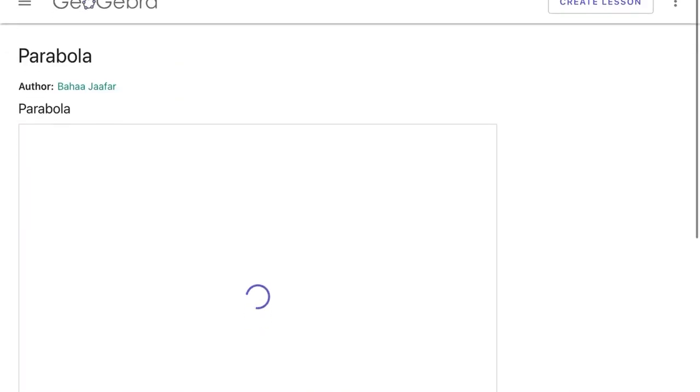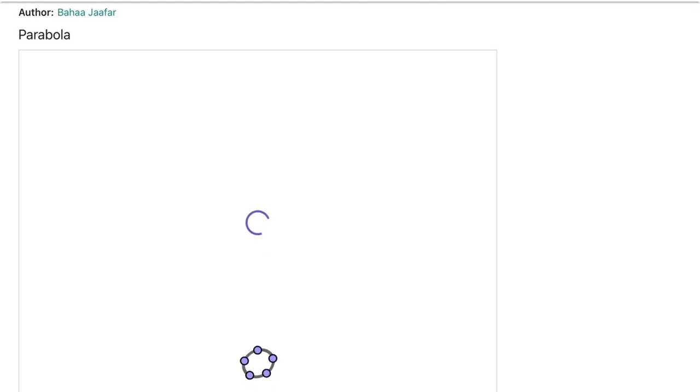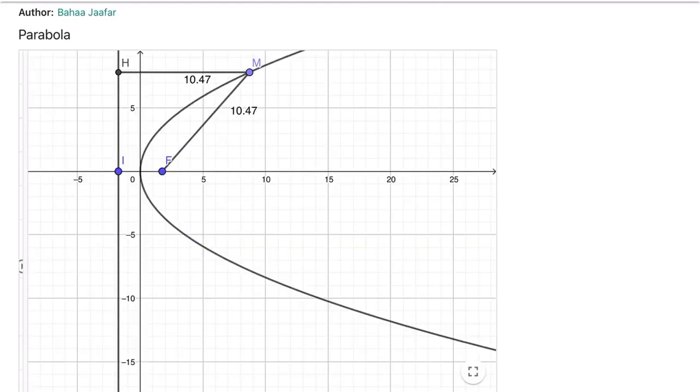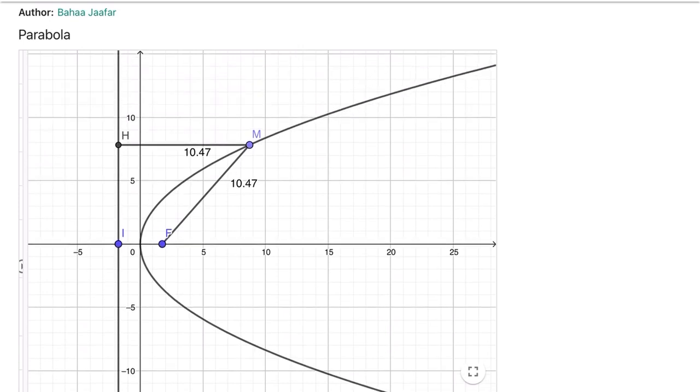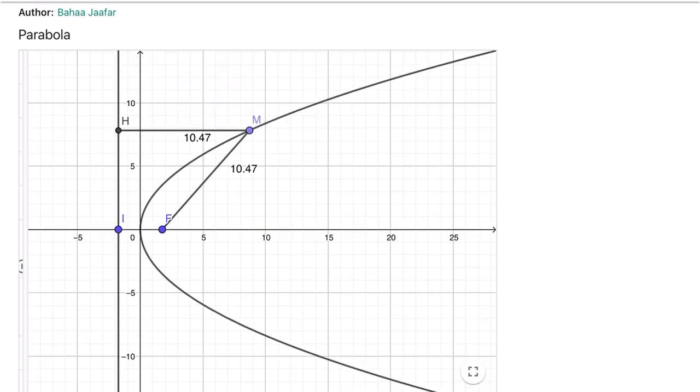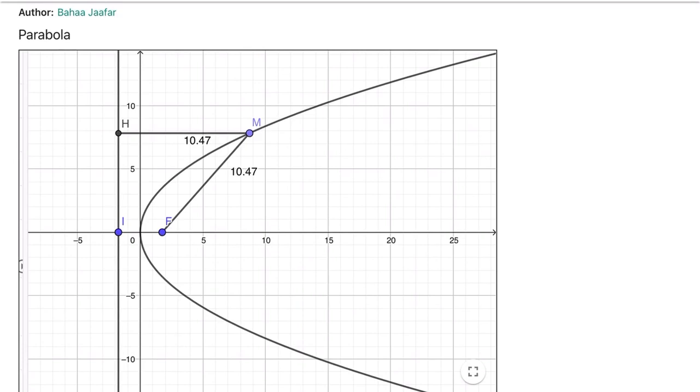Let us begin with the parabola. Here is another applet, created by me. In this applet, you can see that a parabola has an eccentricity of 1, because if we take any point M on the parabola, the distance between M and H is 10.47 centimeters. The distance between M and F, which is the focus, is also 10.47.